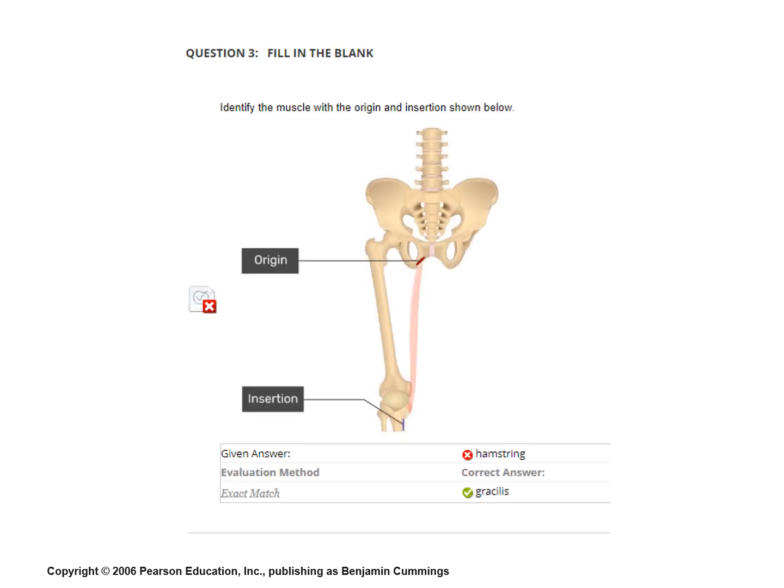On the quiz, for a couple of questions, I provided you with the origin and insertion and asked you to identify the muscle. On the practical, I'm actually going to give you the muscle and then ask you to identify the origin and insertion.